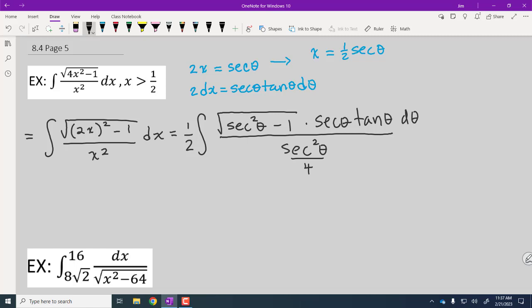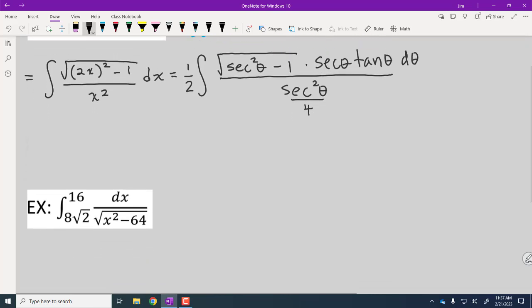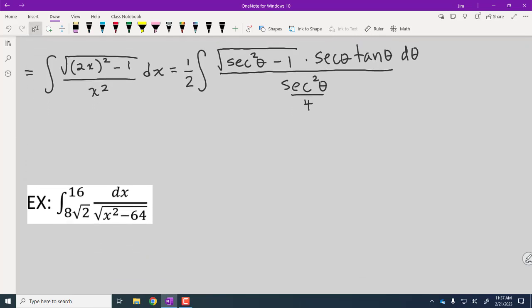All right, any questions on the substitution thus far? All right. When we flip this fraction, the 4 jumps to the numerator, comes out to the front, and makes the leading coefficient a 2. So that takes care of the constants.